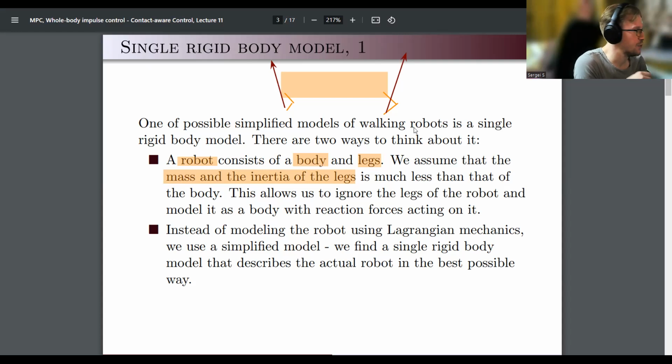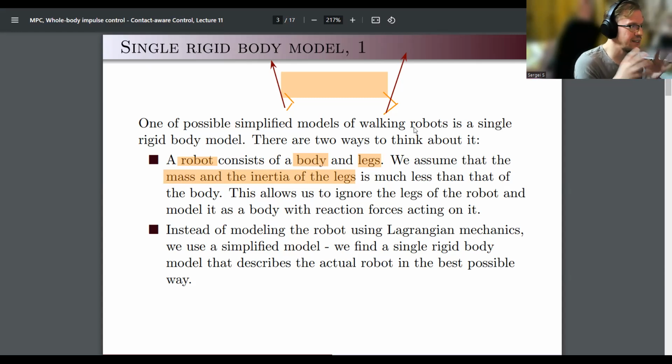Another way is to say, okay, the robot's legs still have mass and inertia. We cannot ignore it. We still have to take it into account. So let us find a single rigid body whose model behaves as close to the behavior of the robot as possible.